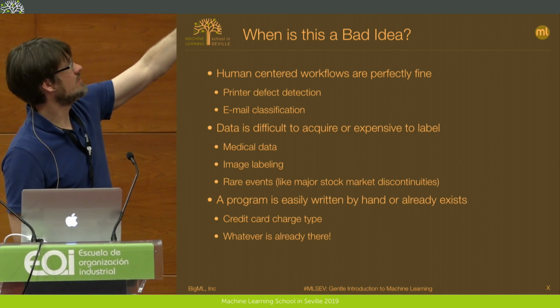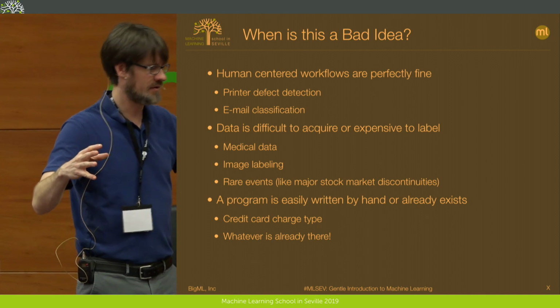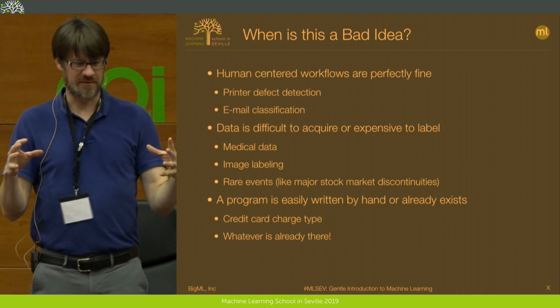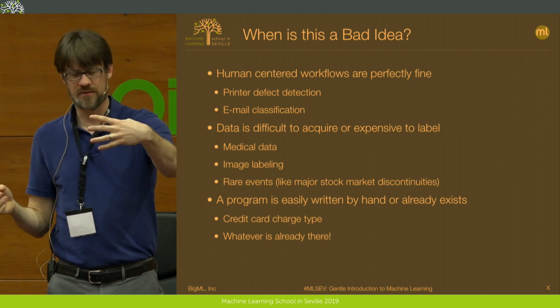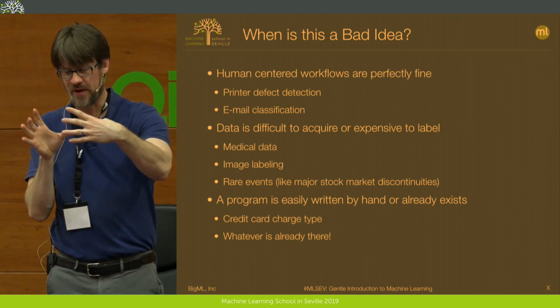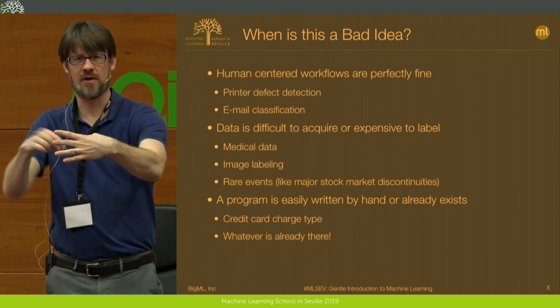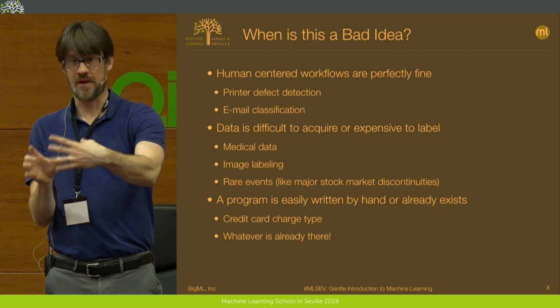Printer defect detection. When I was working at Kodak, we had these huge industrial printers, and we designed a prototype system that would basically, as the paper was flying by, and they would use hundreds of meters of paper per second, we had a camera set up so that it would look down at the image as it was being printed, and it would decide whether or not the image was defective.